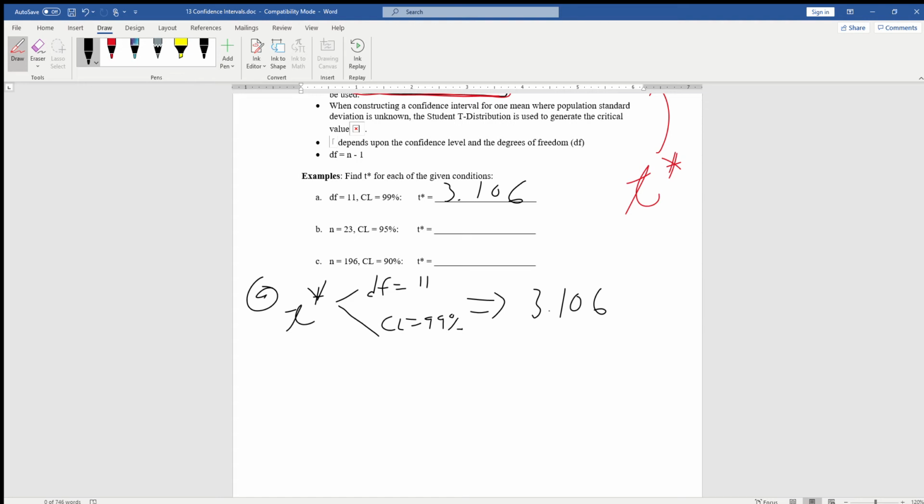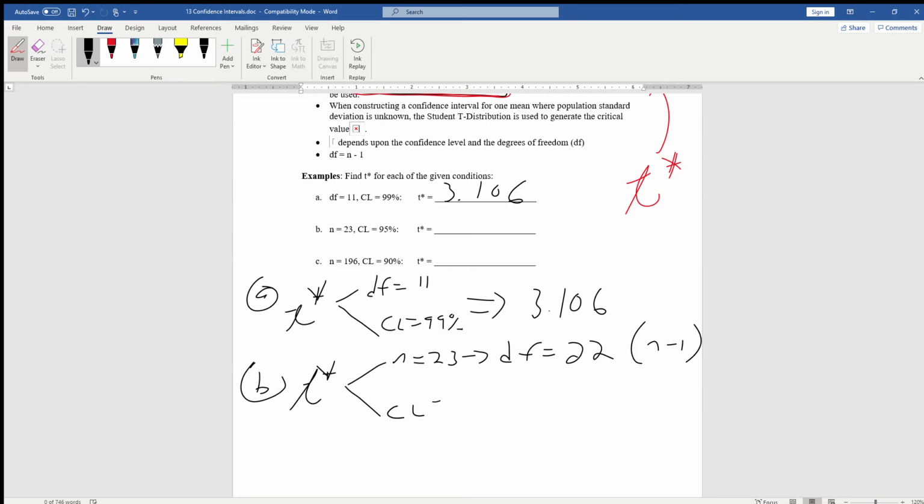For letter B, this time t critical. Now the n is 23, which means that the degrees of freedom are 22. Remember, degrees of freedom is always given by the formula n minus 1.